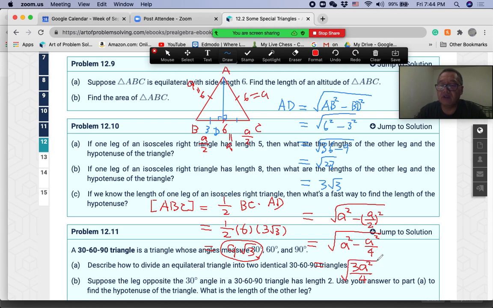Continue to simplify, and this gives you root 3 over 2 times A.